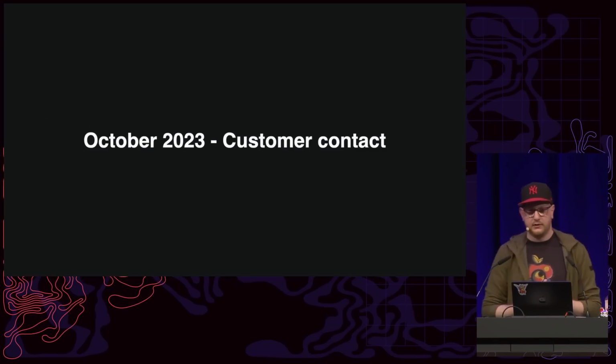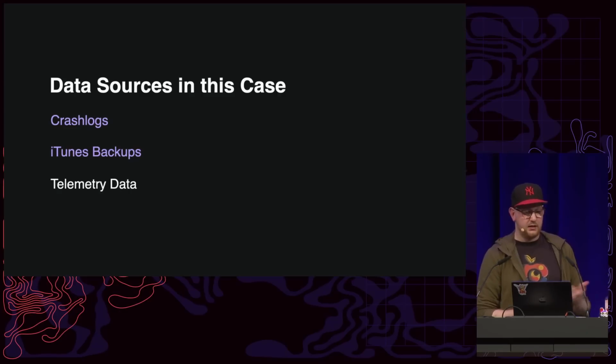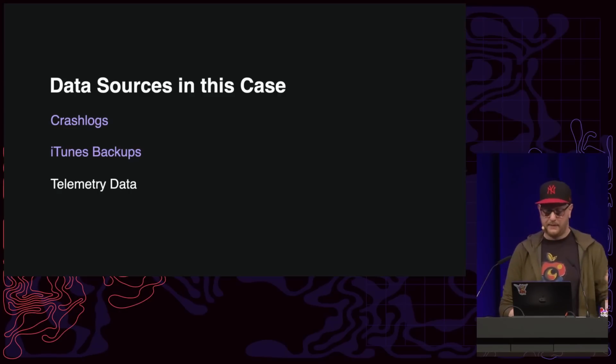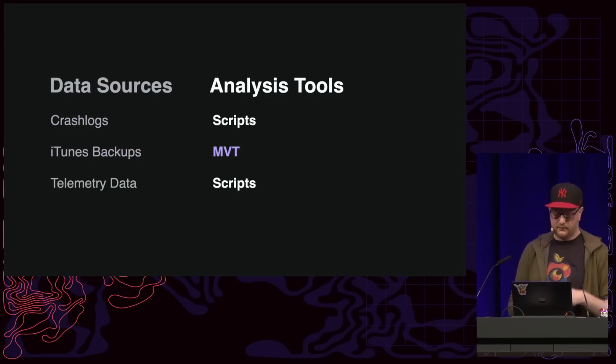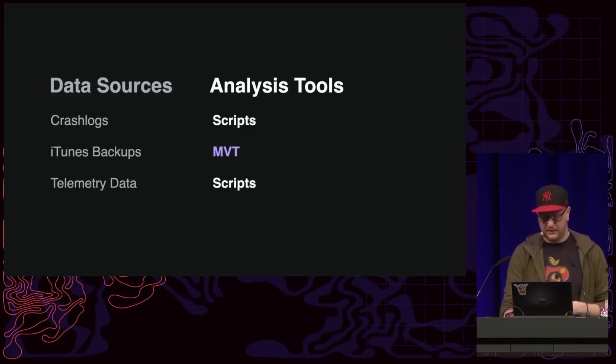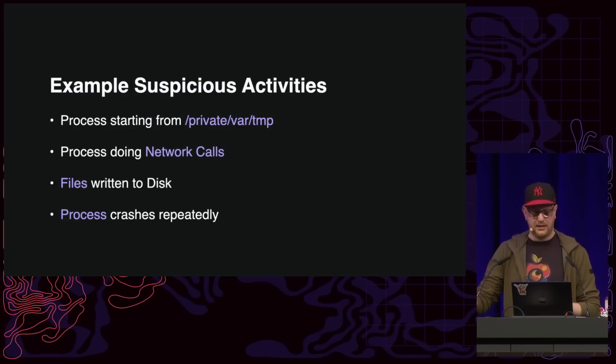In October 2023, I got a customer contact, and they told me they had a potentially compromised device. The data sources I had available at the time were crash logs, an iTunes backup, and some telemetry data. The analysis tools I used were some scripts, MVT, and some scripts for checking the telemetry data as well.